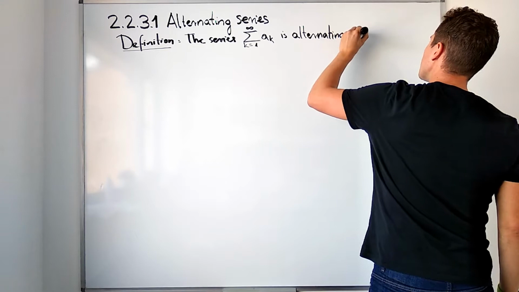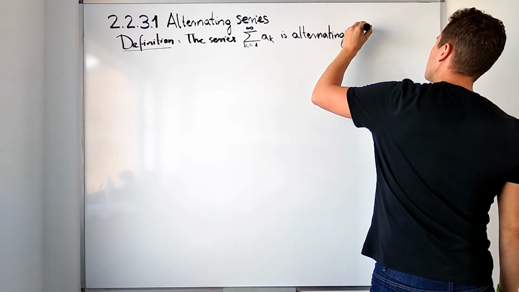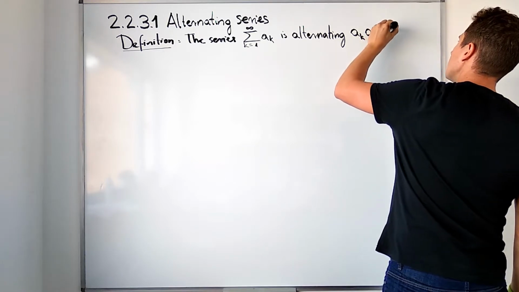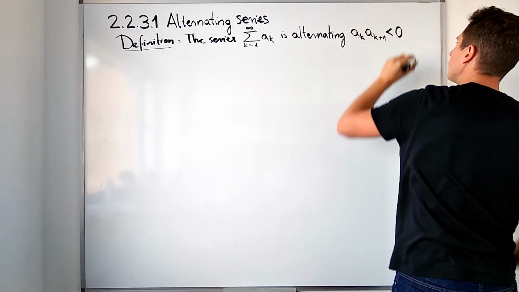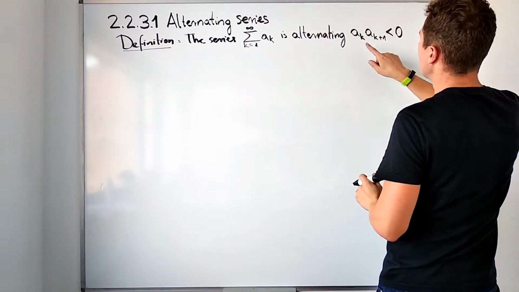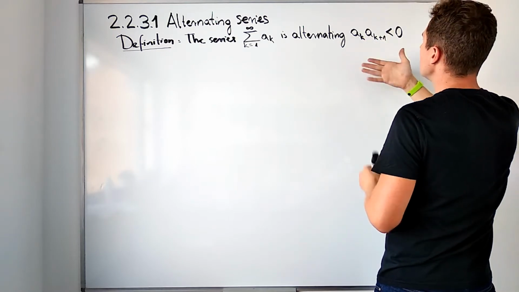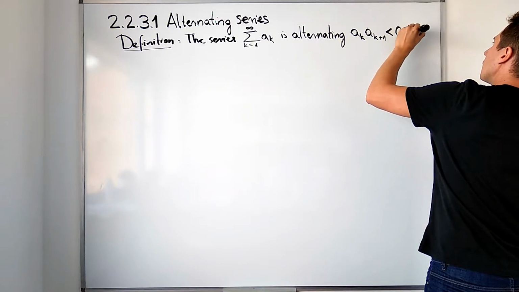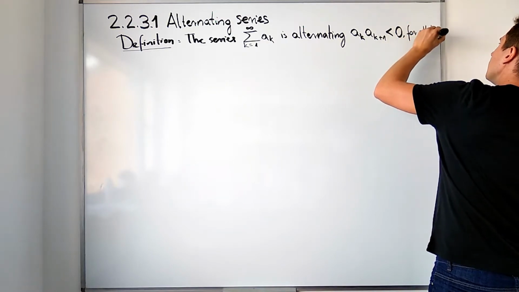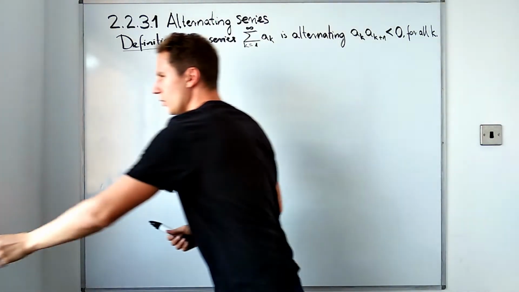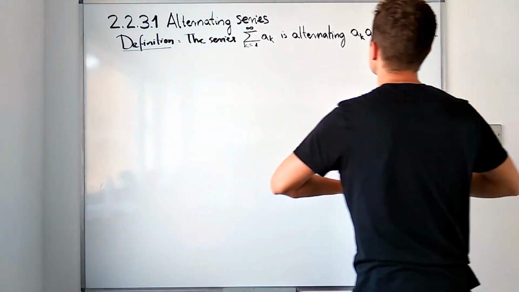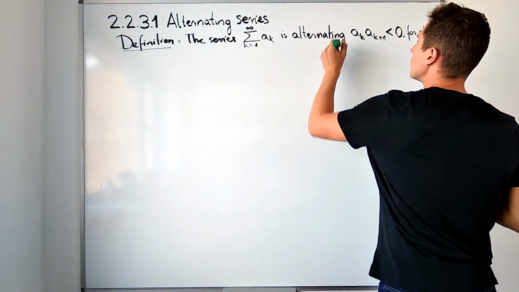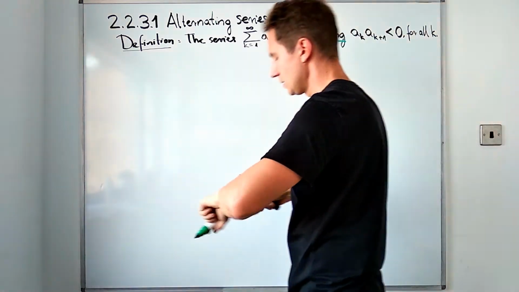This can be expressed by saying that the product of a_k and a_{k+1} is negative, because if they have different signs, one of them might be positive, the other one has to be negative, so their product will be negative for all indices k.